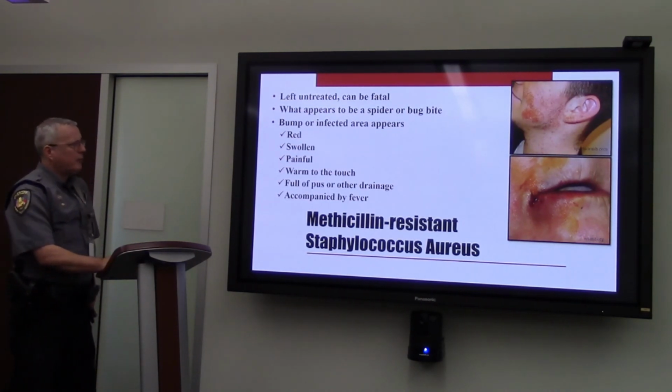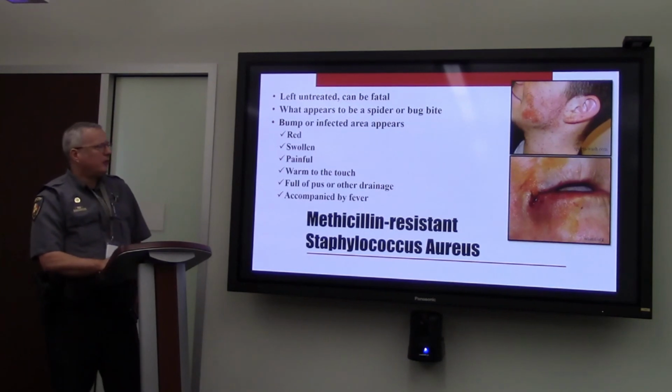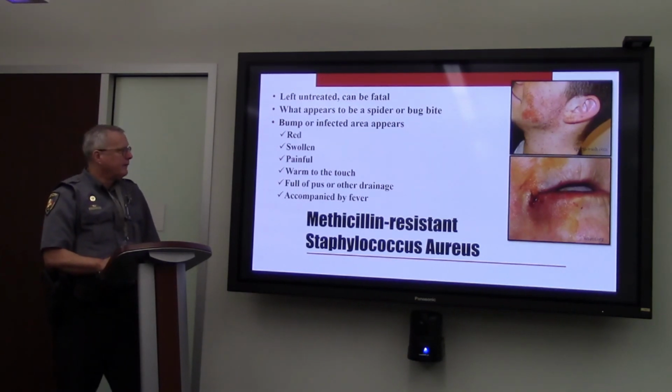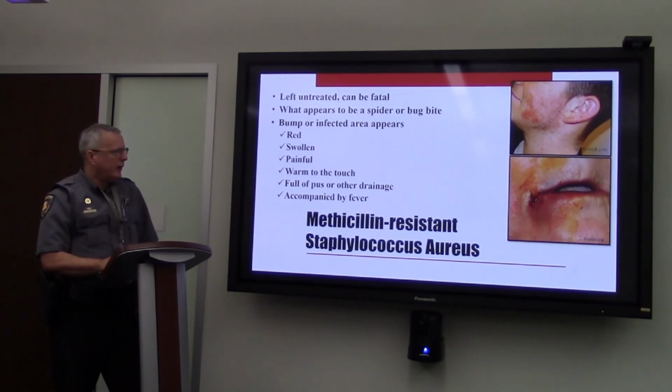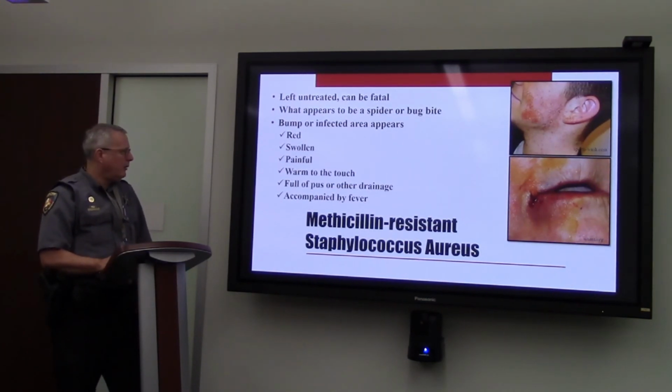What you start with is something that looks like a pimple or maybe a spider bite or bug bite, and then the skin lesion can develop into a deep, almost boil-like localized infection that can go down into the muscle, bone, and tendons underneath. They're red, painful, and very warm to the touch. There's lots of drainage coming from them.